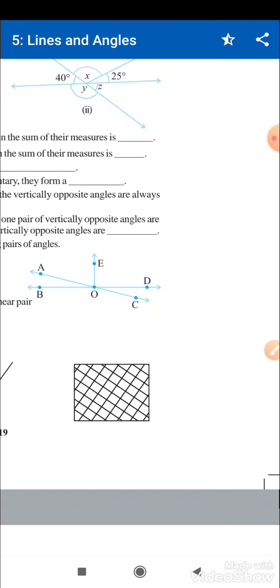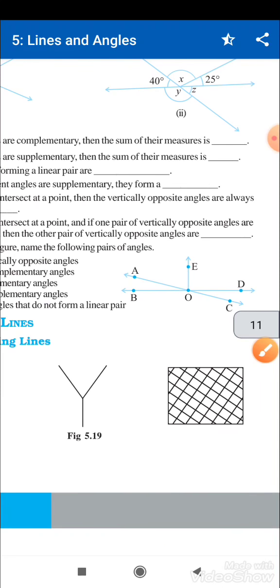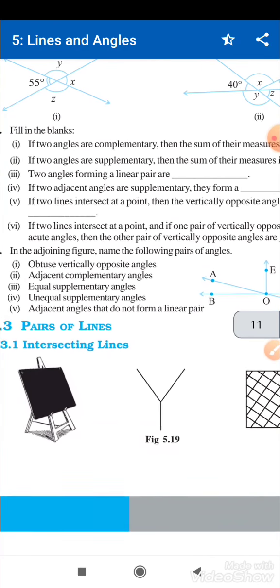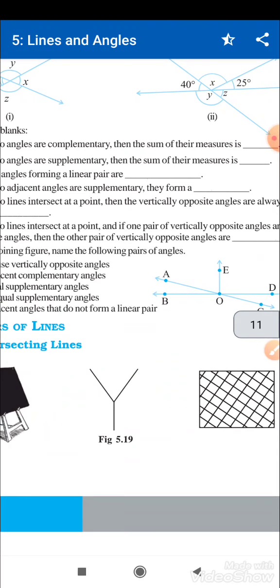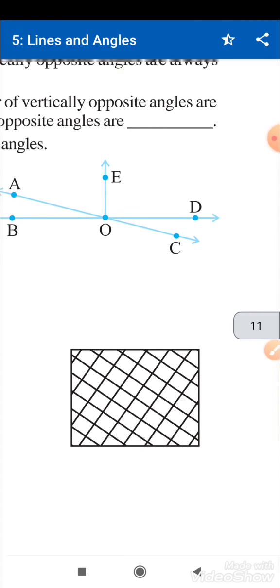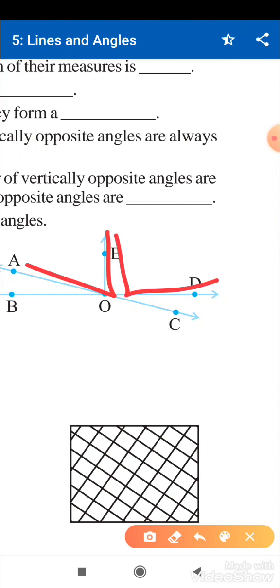So here we have angle EOD and DOC, which are adjacent angles and also do not form a linear pair. And we have a second pair of angles which are adjacent and do not form any linear pair, and it is angle AOE and angle EOD.